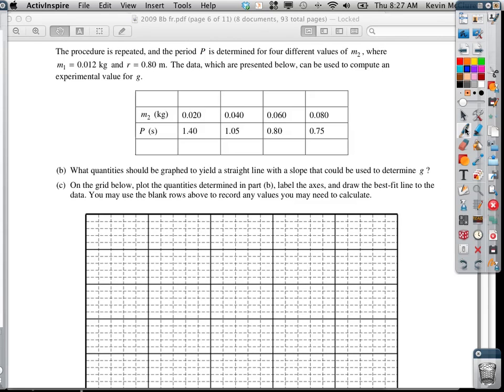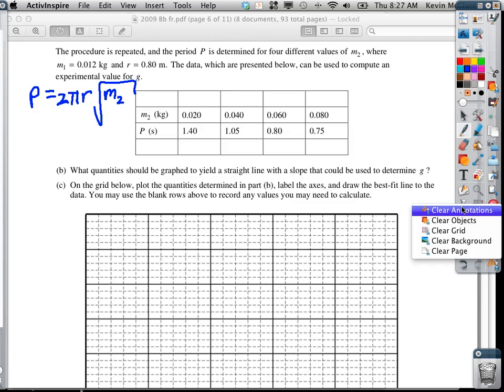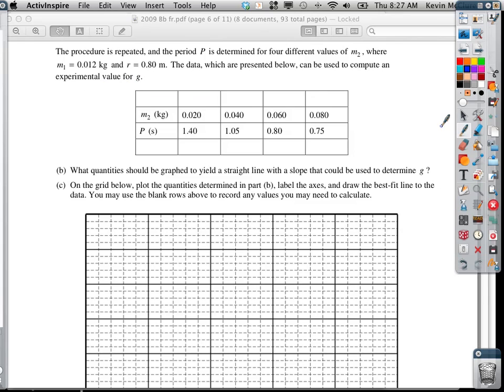So what did we do? We just said that the period was equal to 2 pi r times the square root of, gosh, was it like m, I can't remember. It's up there. What is it? You have it in front of you, don't you?